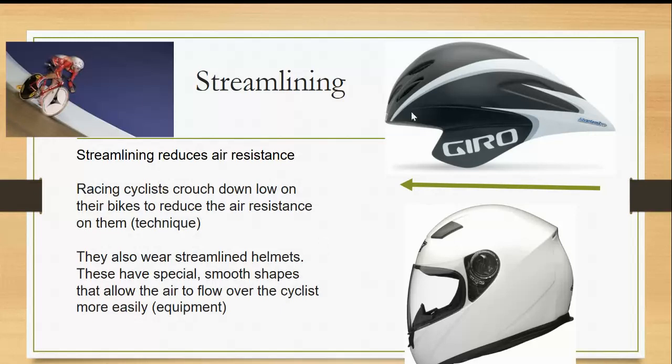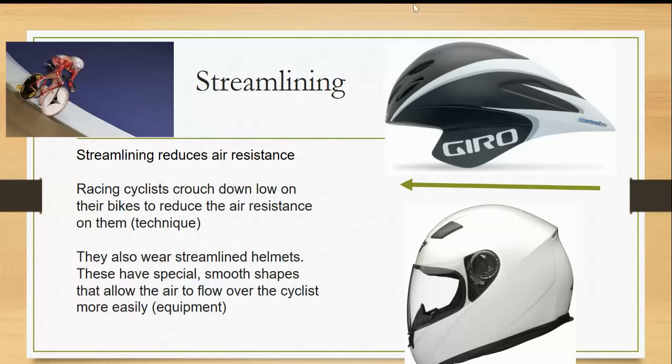If they were wearing this helmet down the bottom, there's just so much room that is going to be exposed to air resistance. They're going to be slowed down so much more, whereas this smaller, more unique, and also more streamlined helmet allows them to decrease the amount of drag.